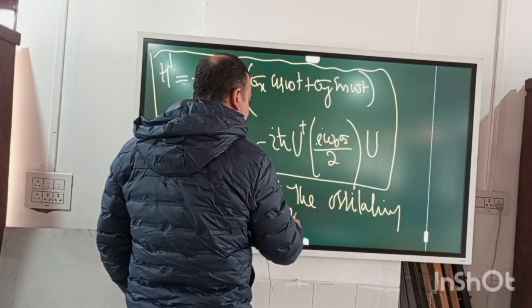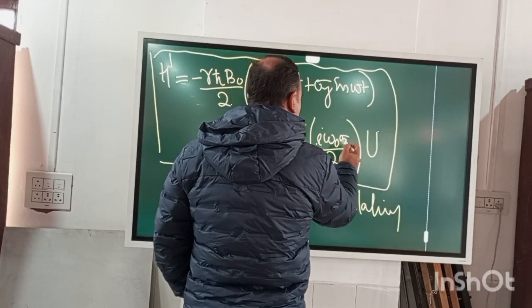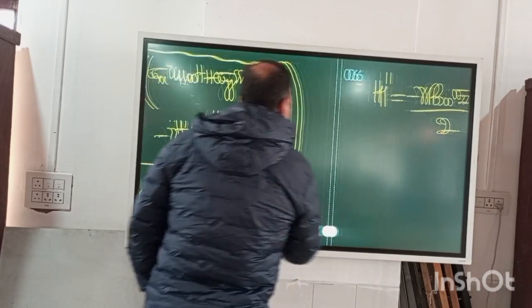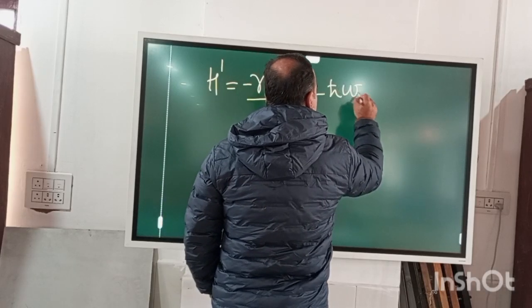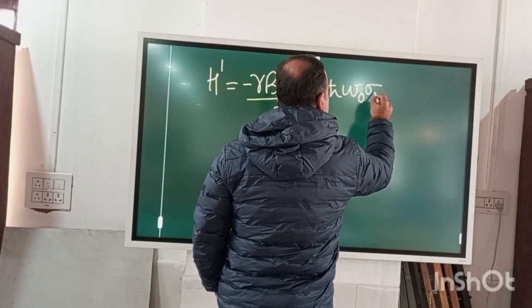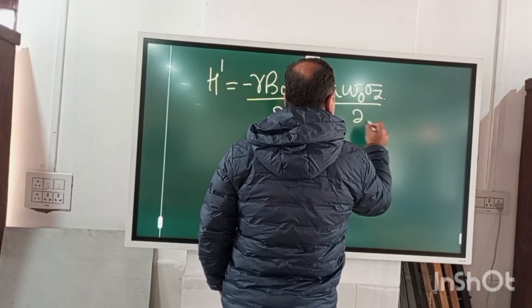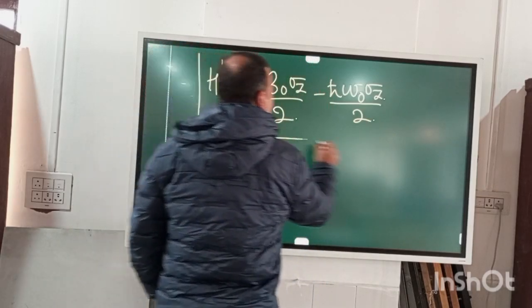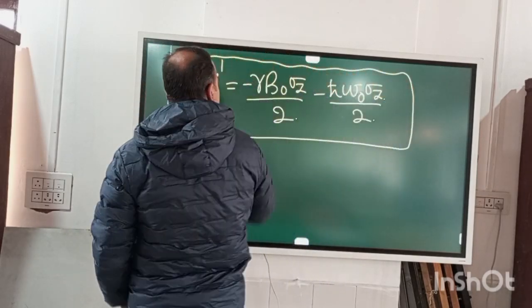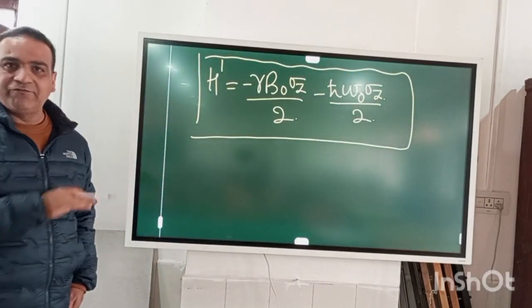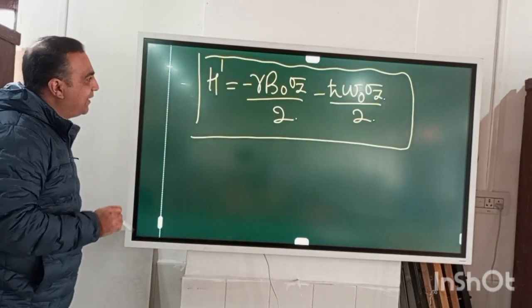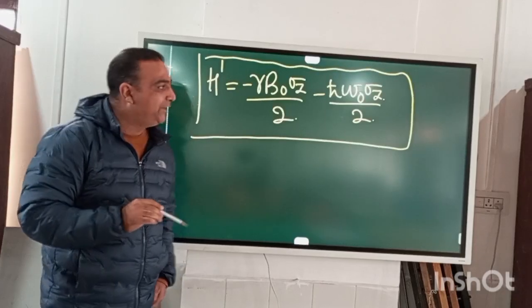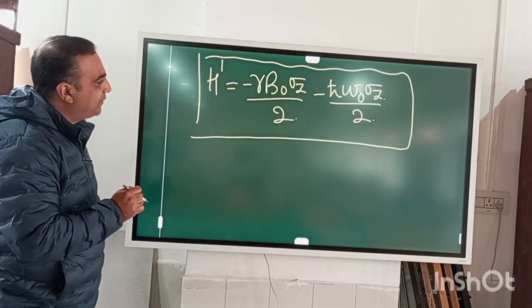So what I'll have is h bar omega naught sigma z by 2, with a minus sign. So what we have done is averaged out these functions, and on averaging out these functions, we have boiled down the Hamiltonian to a very, very simple form.